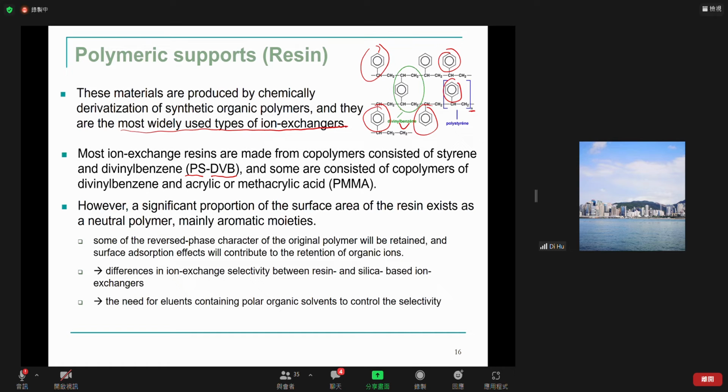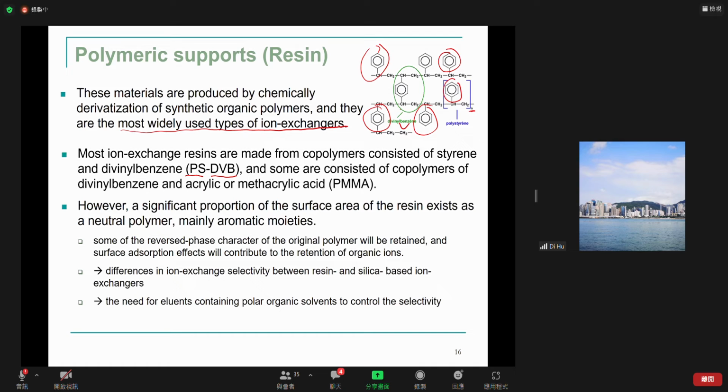This also makes a difference in the ion exchange selectivity between the resin and the silica-based ion exchanger, especially for those organic ions, because of the secondary hydrophobic interaction with the uncoated stationary phase of the resin.